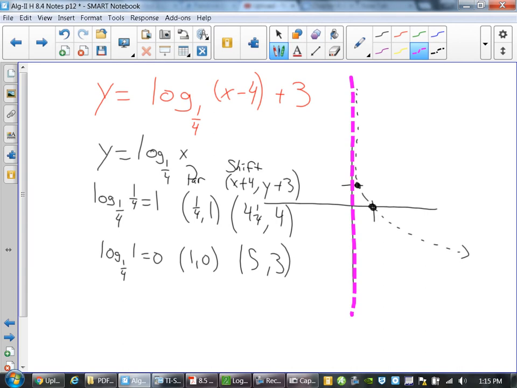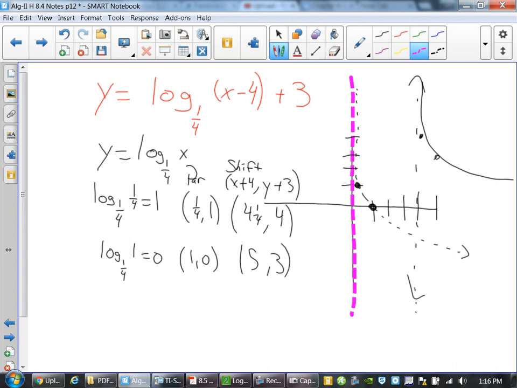Where's your new asymptote? x equals 4. So I have an asymptote at 4. Ordered pairs 4 1/4 and 4. 5 and 3. There you go.